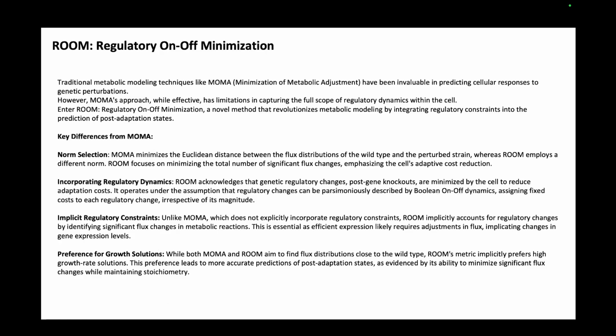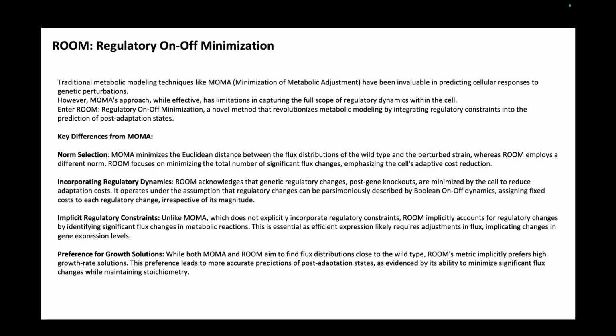model for metabolic networks is ROOM, which is regulatory on-off minimization. The idea here is that it involves regulatory constraints in its model for prediction of post-adaptation states. It minimizes the distance between flux distributions of the wild type and the mutant strain. MoMA does this with the Euclidean distance, but ROOM employs a different norm.